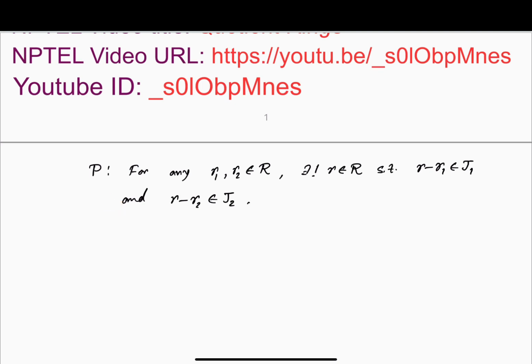This option is basically saying that if you take the map R to R mod J1 cross R mod J2, then this map is injective and surjective, right?